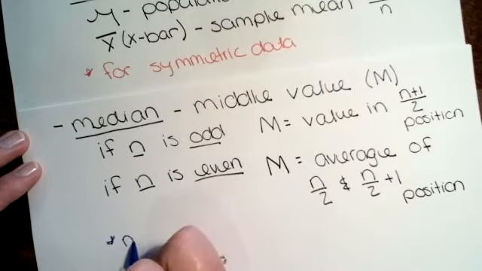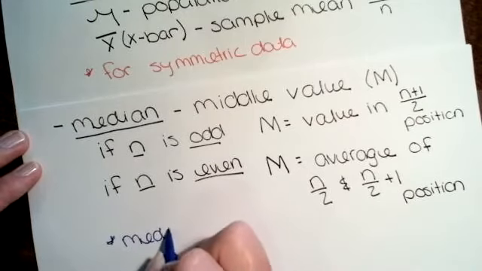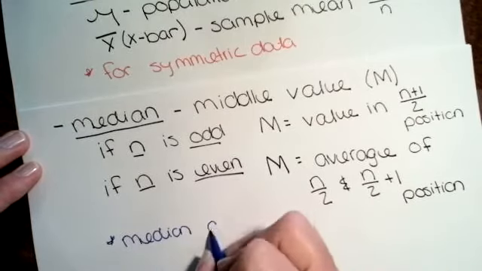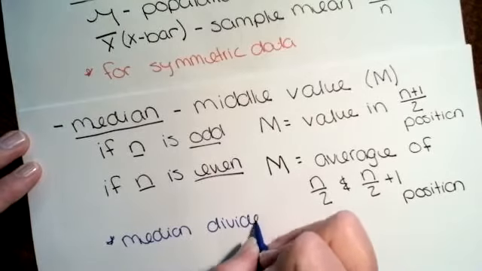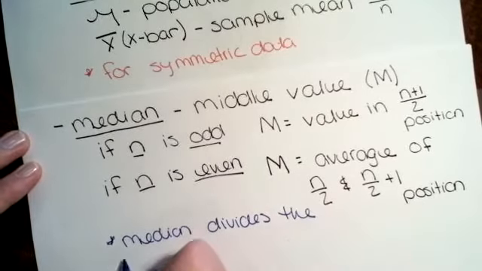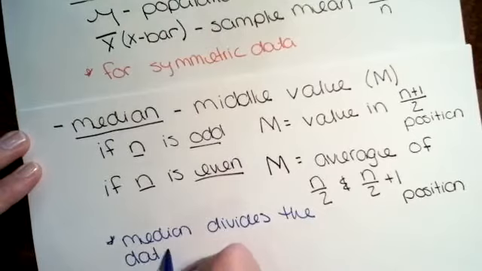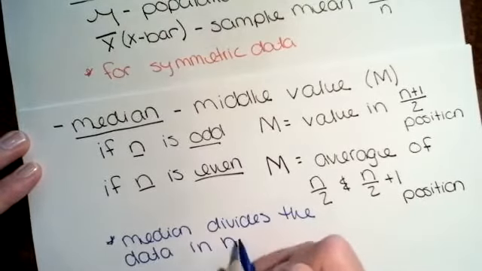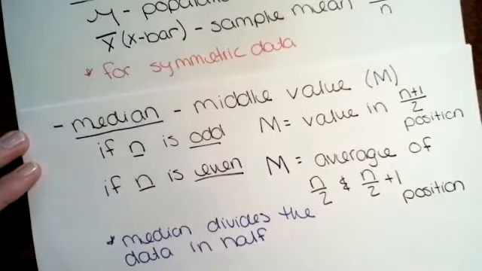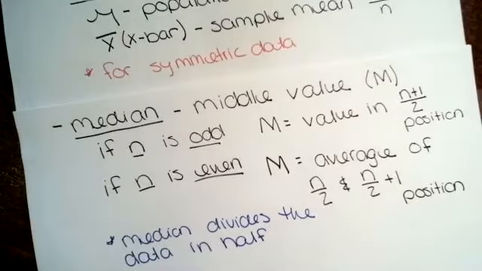The median divides the data in half. Again, numerical data, and we usually use this when we have a distribution that is skewed left or right.